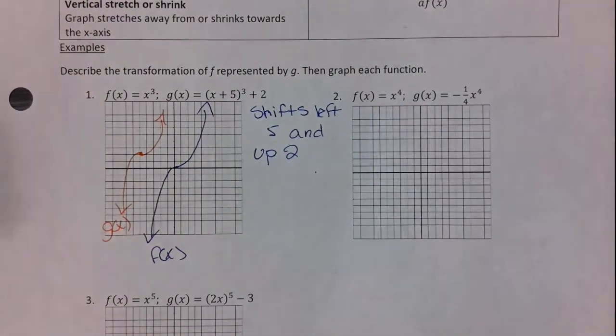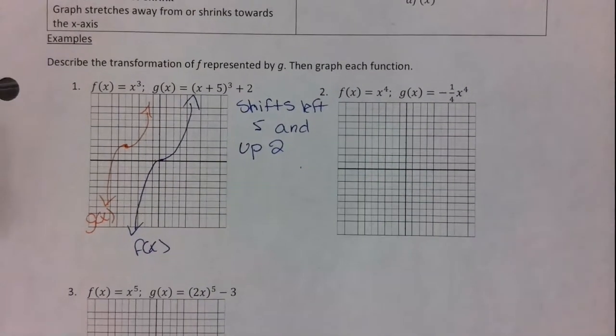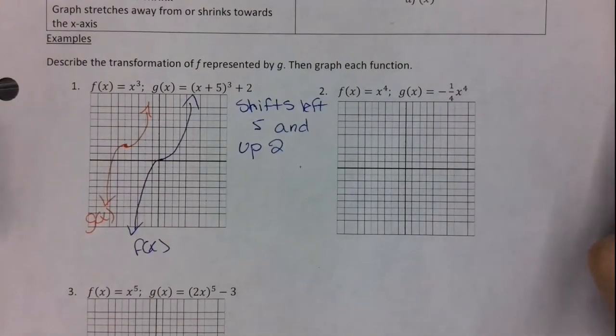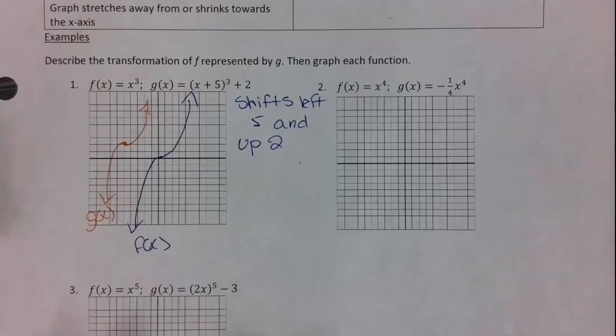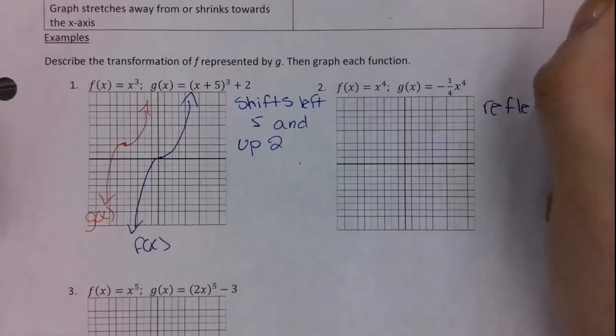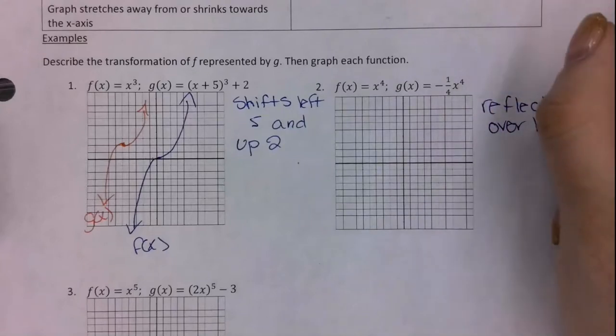Okay, so then number 2, what kind of transformation is going on here without graphing it? There's no shifting because you only have shifting when you're adding and subtracting. Okay. Reflects because of the negative. And it's outside the x, so it's reflecting over the x-axis.